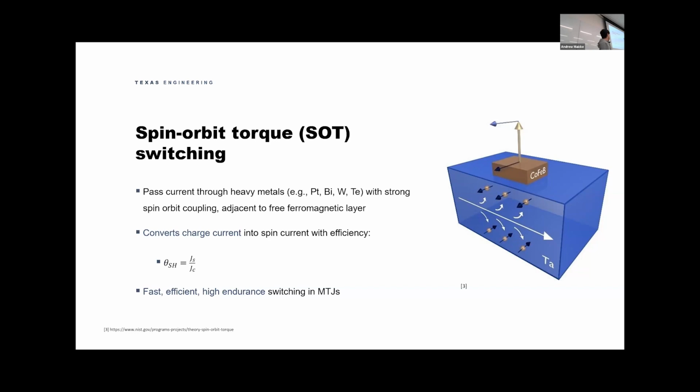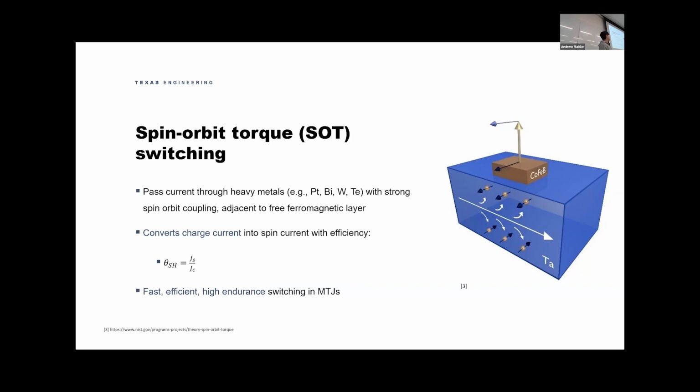And these heavy metals usually have a strong spin orbit coupling and use a property called the spin Hall effect, in which a transverse spin current is generated perpendicular to the direction of the applied electric field. And in general, spin orbit torque converts charge currents into spin currents.